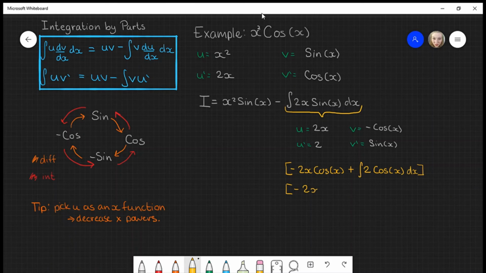Complete the integral. Cos integrates to sine.